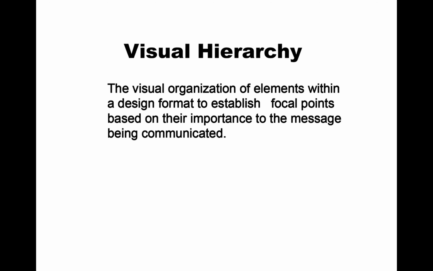And the visual organization of elements within a design format establishes focal points based on their importance to the message being communicated. So, as we were talking about Gestalt principles in the previous lecture, we are also thinking about dissimilar items. Here we have an extra space between established and focal, and it kind of brings us to this area where we can see focal point.